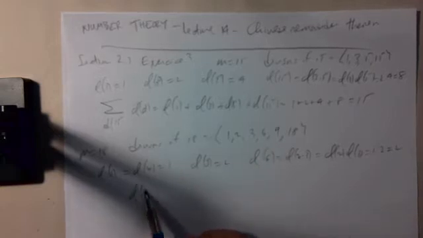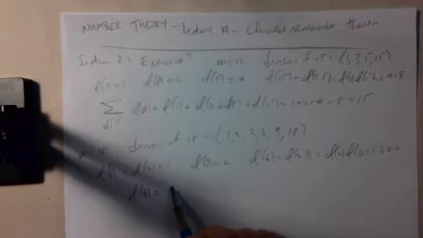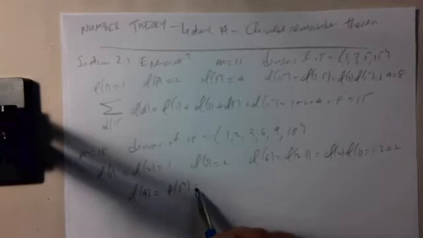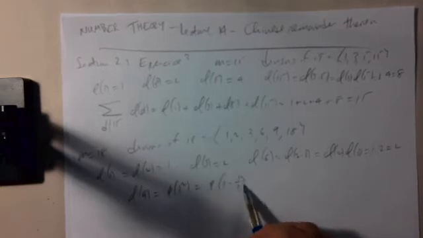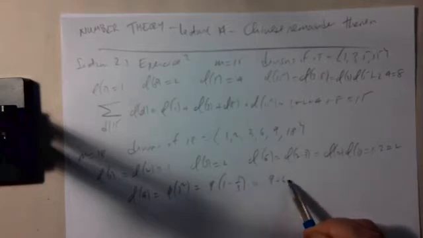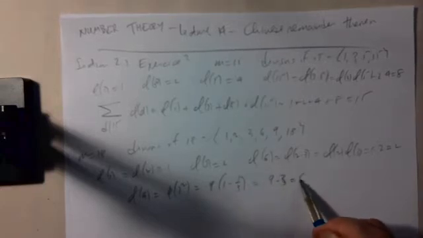Phi of 9, so 9 is a prime squared, that's 3 squared. So that's 9 times 1 minus a third, which is 9 minus 3, or 6.